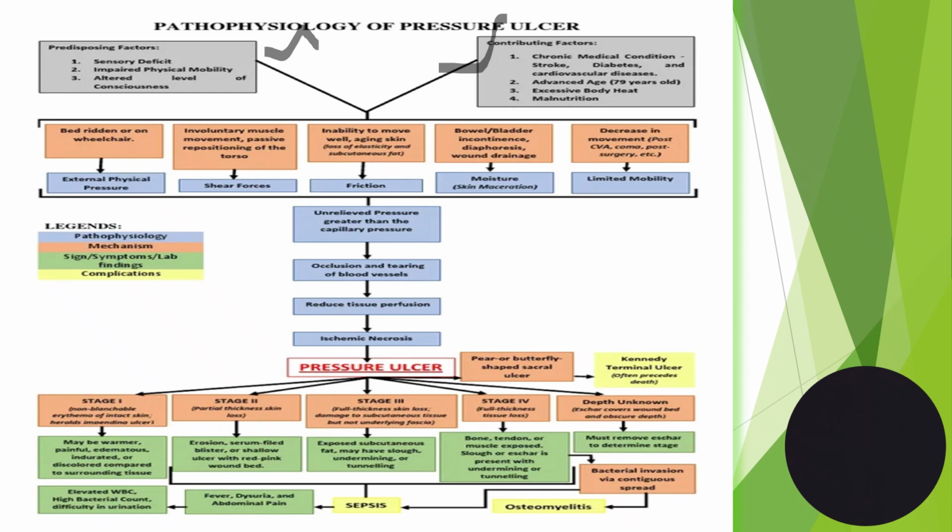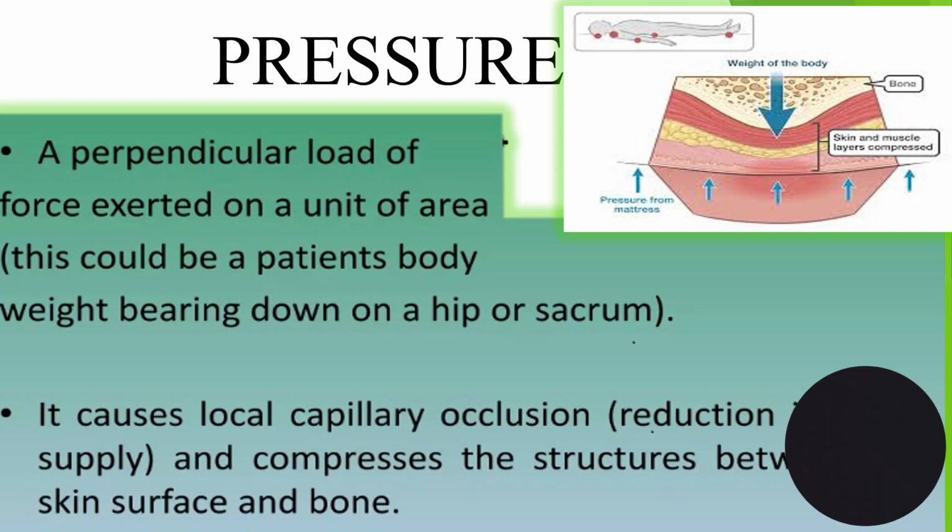So if you are able to relieve the pressure or friction or shear of a person, or to remove the moisture of a person, we can prevent the pressure ulcer. Okay. So the next is pressure. When you come to the pressure here, you can see this is a mattress where the patient is lying down.